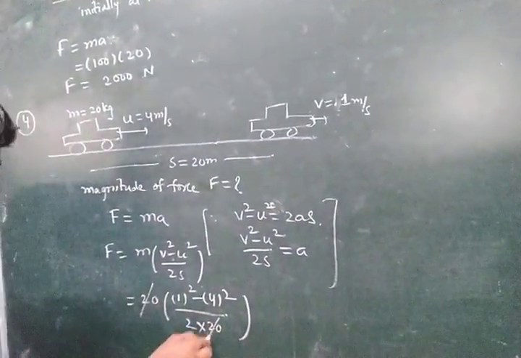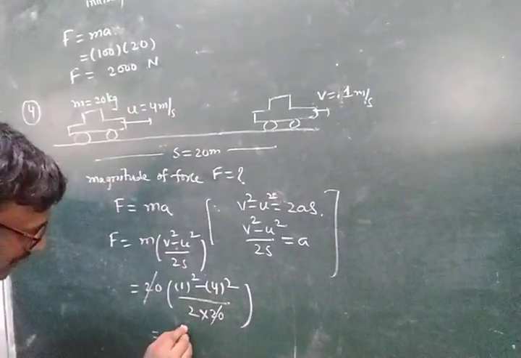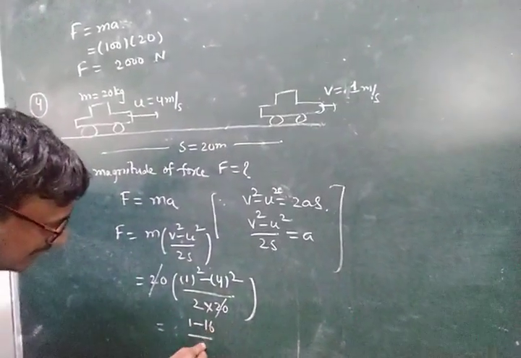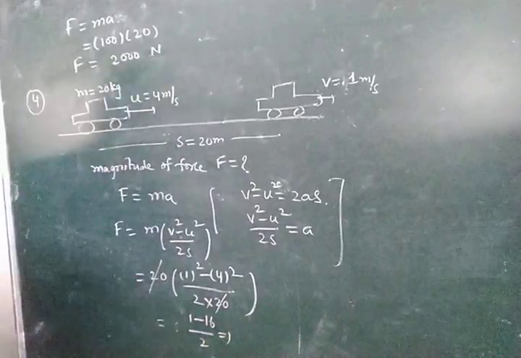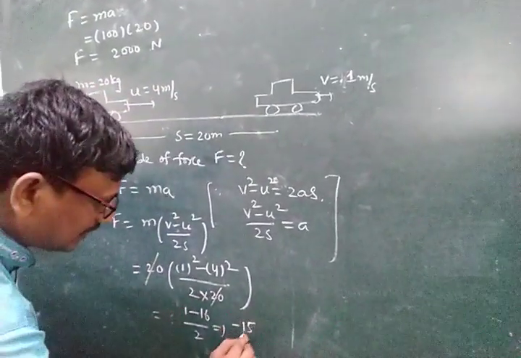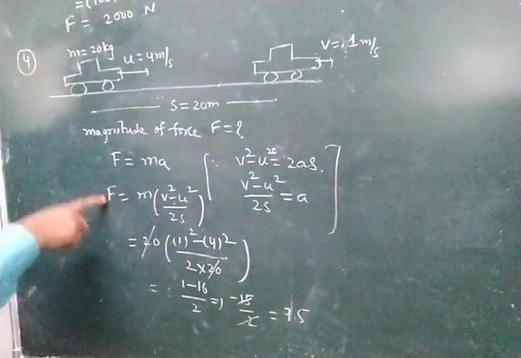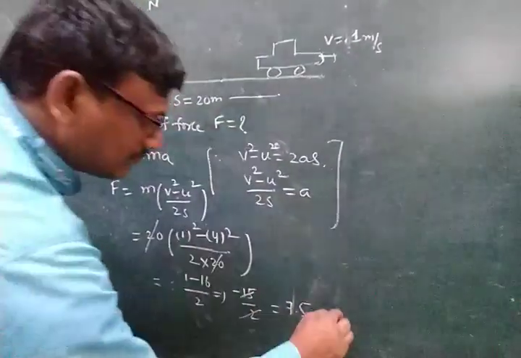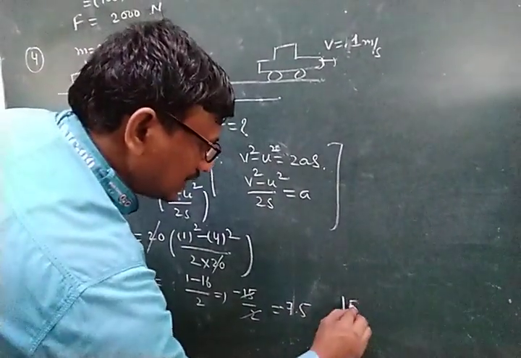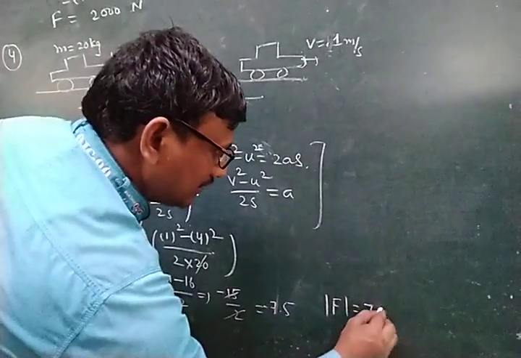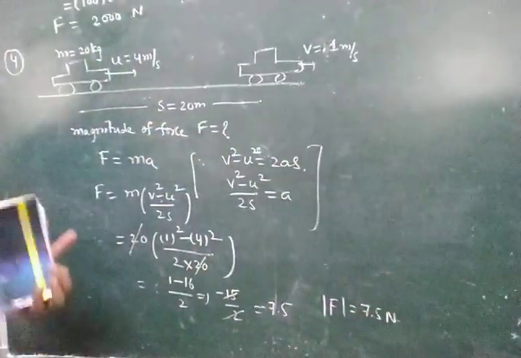Now 20 gets cancelled. The remaining is 1 minus 16 by 2, that is equal to minus 15 by 2, that is equal to minus 7.5. But we need to find the magnitude. Magnitude is nothing but mod of F is equal to 7.5 newtons.